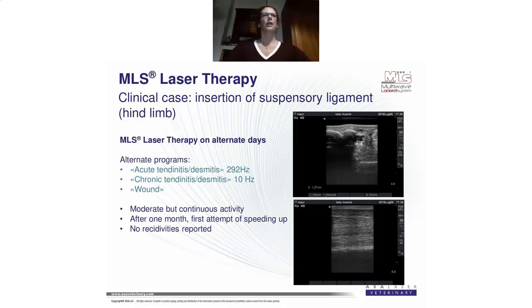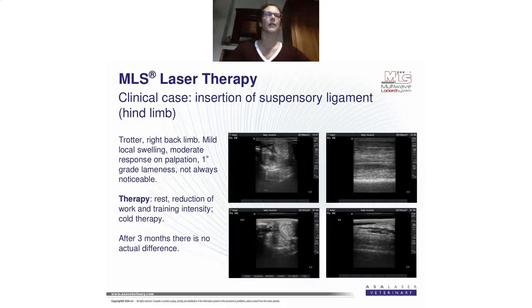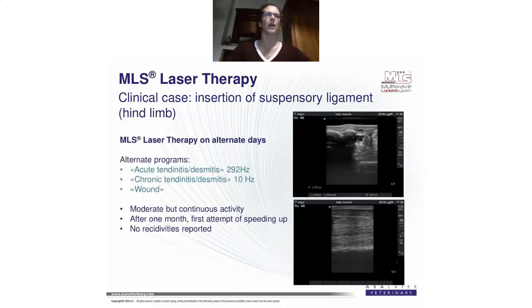The horse raced without any other problem and difficulty. So it was interesting to see that without a real good therapy, there was no change in the ultrasonographic appearance of the insertion of the suspensory ligament, and after only 1 month of treatment, it was possible to speed up with the horse.